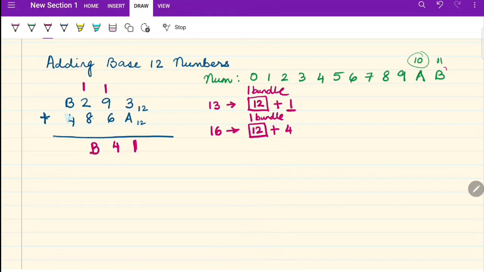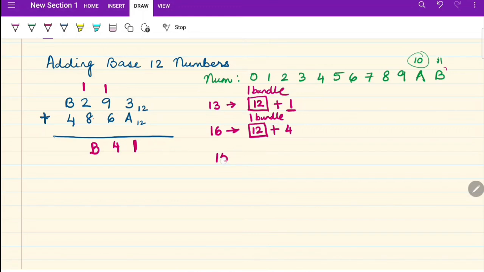Go to the leftmost column here. B has a value of 11 and 4, correct? B, it's 11 plus 4, which is a 15. 15 is out of the range of numerals in base 12, so we have to do the bundling again.